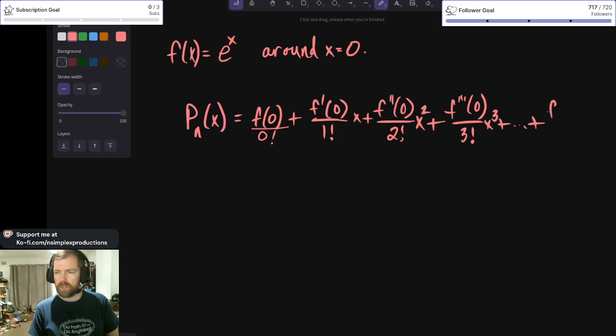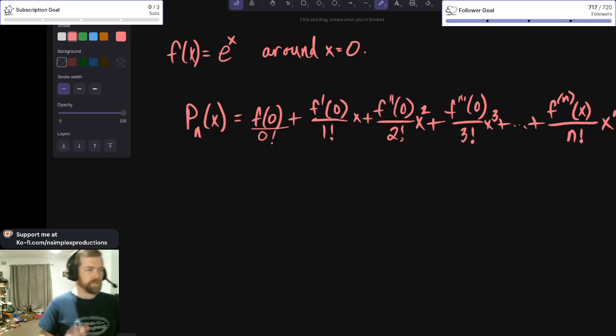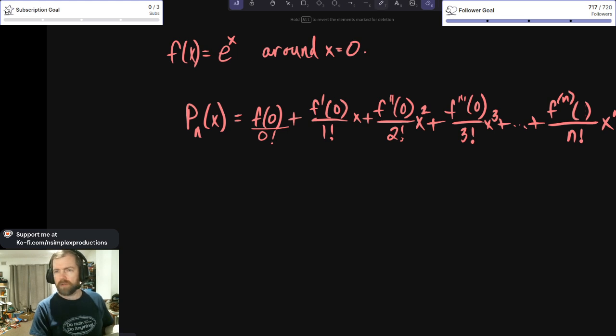Plus dot dot dot. We're going to take the kth, well, actually, it would be n, right? Because we're talking about just the last position that we're using. Nth derivative of f at 0 over n factorial times x to the n. Okay, so our nth degree Taylor polynomial looks like this. Excuse me, no, not at x, at 0, because we have to stay consistent.